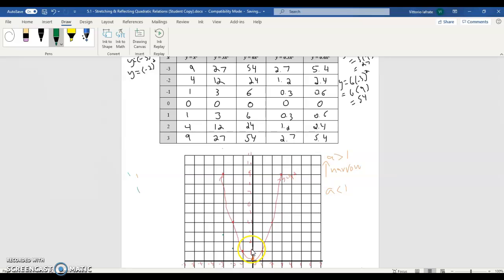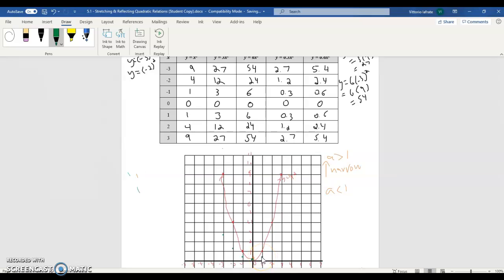And when x is equal to -1, we have 0.3. So 0.5 is here, so a little bit lower, just about here. Our y-intercept is 0, 0, so that's the same spot here. Then at 1, we have 0.3, so just about here.